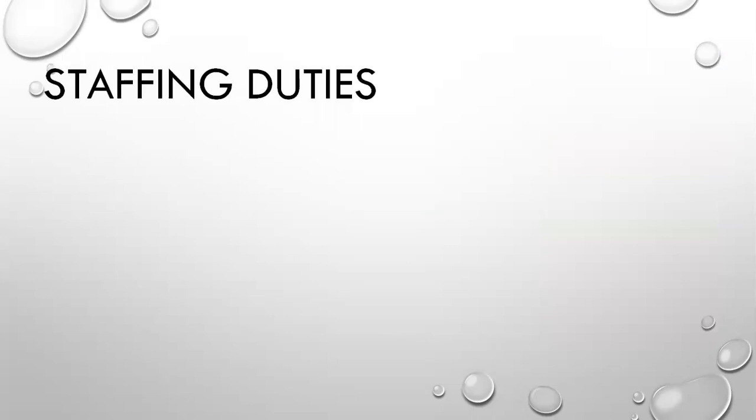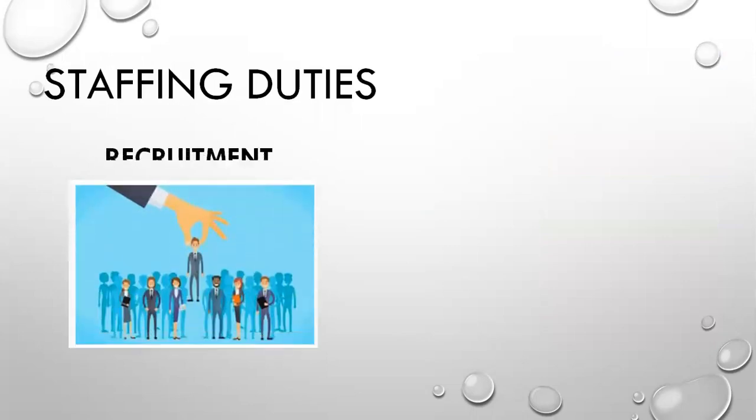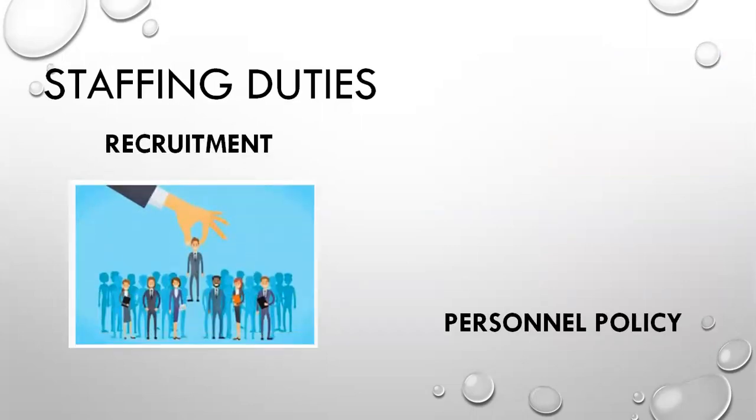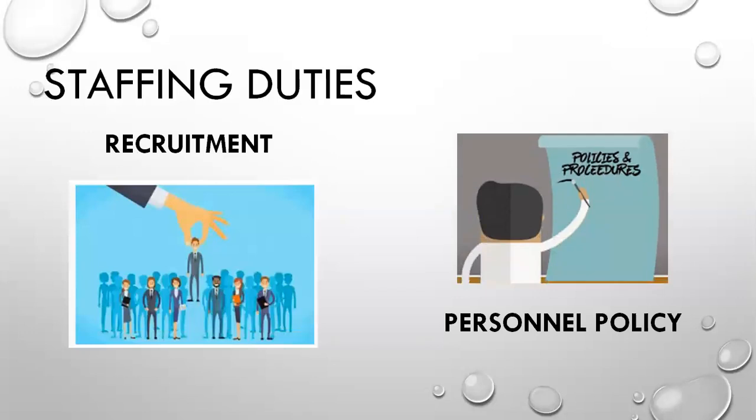Now, what are the different staffing duties? The first one is recruitment and the second one is personnel policy. When we talk about recruitment, again, this is looking for the best employees from the pool of candidates to work with us. We take a look at their job experience. So dito pumapasok yung job interview. We check out their resume and background information.